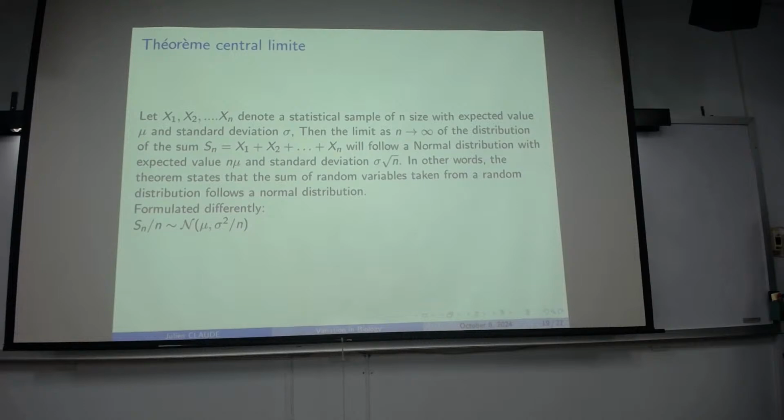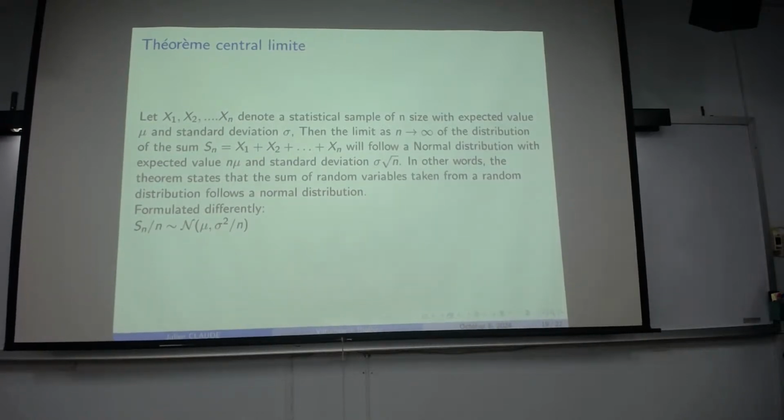The normal distribution is the Gaussian curve, the bell curve, the curve that has the shape of a bell. And the parameters of this curve are known. The center of the curve will be at n mu, and the standard deviation of the curve will correspond to sigma times the square root of n.